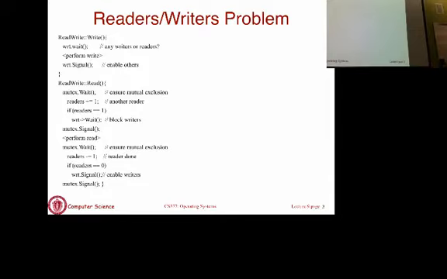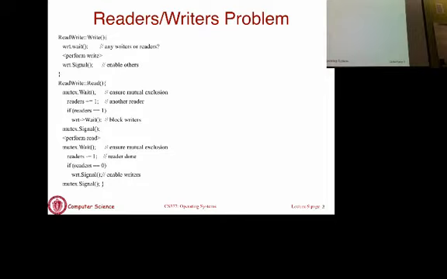So we are going to do a mutex wait, which is going to get mutual exclusion, increment the number of readers, and then we see if you are the first reader. If the number of readers equals 1, that means you are the first reader to enter the system. At this point, you should block all writers, because there are reads in progress. You have to wait for all the reads to finish before the writer actually can start.